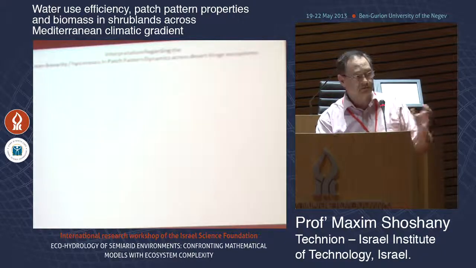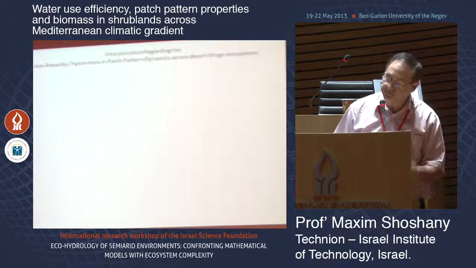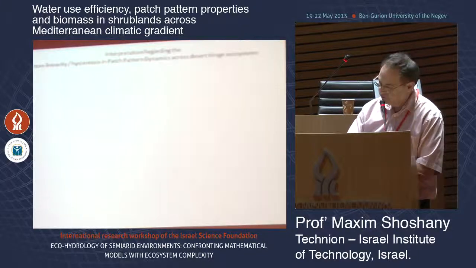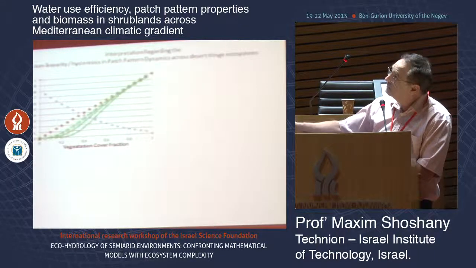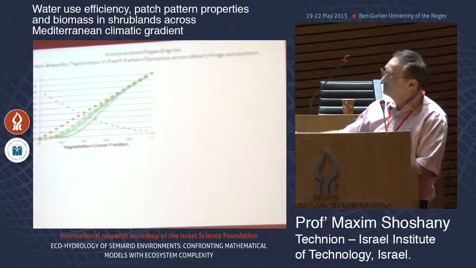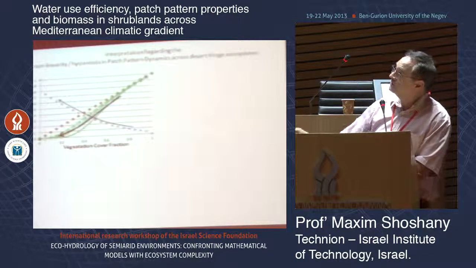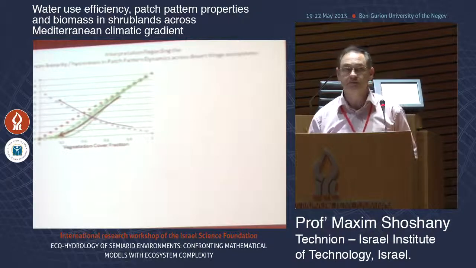Now let's switch back to the interpretation of nonlinearity or hysteresis in patch pattern dynamics across desert fringe ecosystems. If you look at the characteristic relationship between pattern water use efficiency and vegetation cover fraction, where we have some kind of a disturbance, most of the time it's not happening gradually.